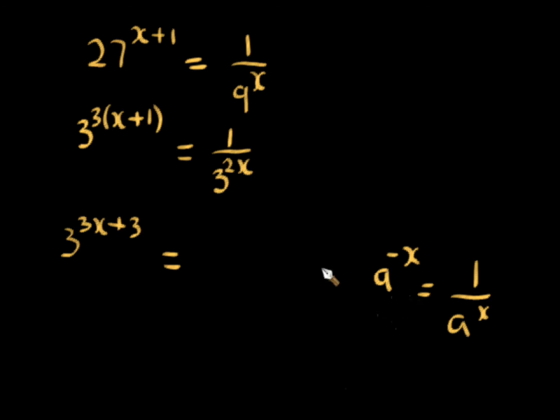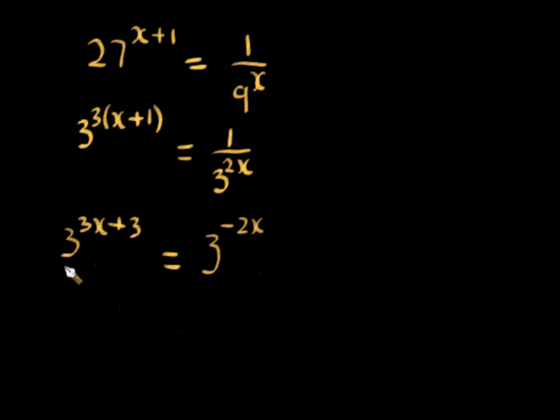So I'm going to reverse the process here and convert it back to the a raised to power x form. Now, we have 3 raised to power minus 2x in order to make these bases equal.